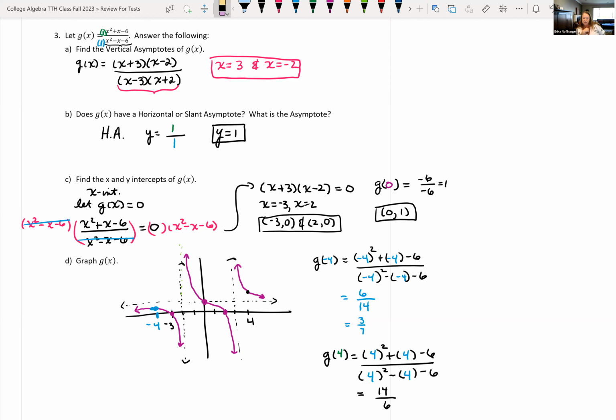We can also cross an oblique or slant asymptote. And if you were trying to find out where that was, you would set the equations equal to each other. Technically, my equation for my horizontal was y equals 1, and my g of x is equal to x squared plus x minus 6 all over, again, x squared minus x minus 6.